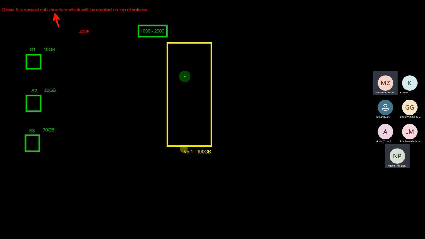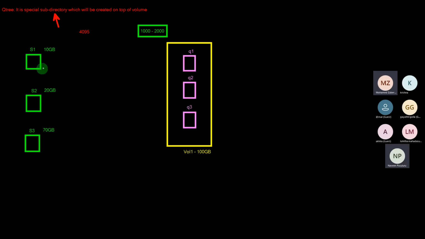And on top of this volume, I'm going to create three Q trees: Q1, Q2, and Q3. Okay.